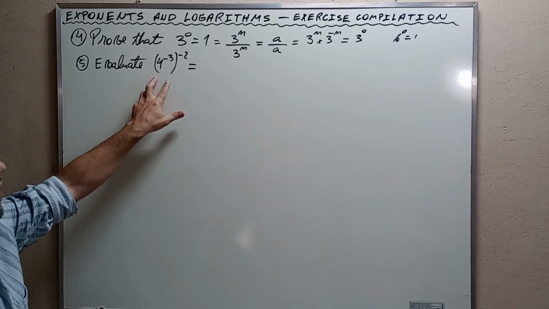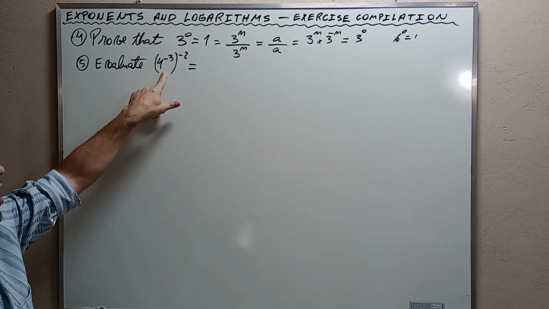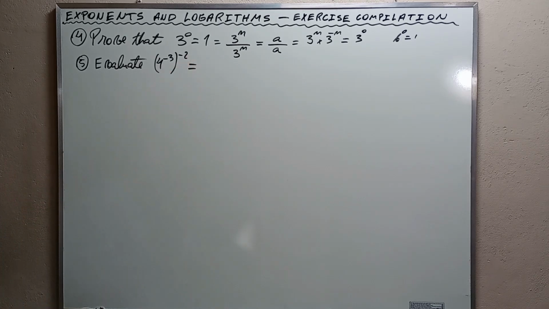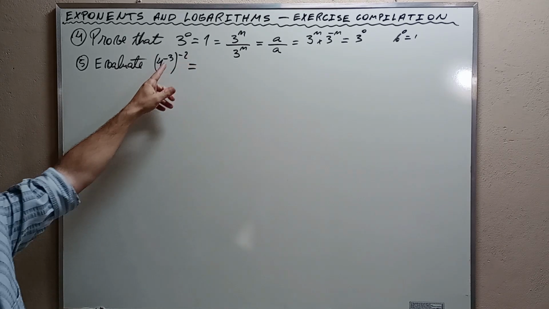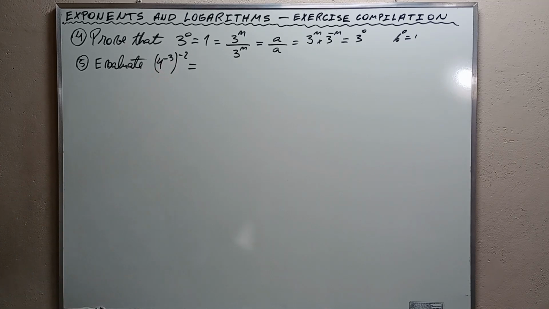You have to understand that these parentheses here mean that the entire number here is being raised to the power of negative 2. Okay? It is not only 3, it is 4 raised to the power of negative 3 that's being raised to the power of negative 2. Okay? So 4 to the minus 3 is being raised to negative 2.